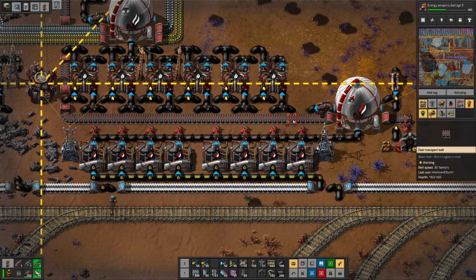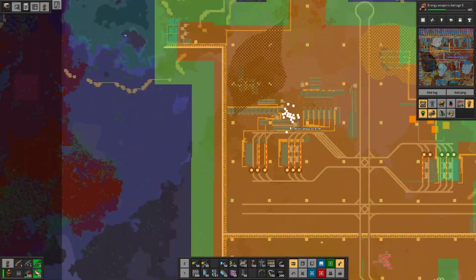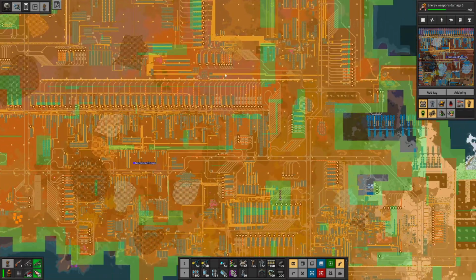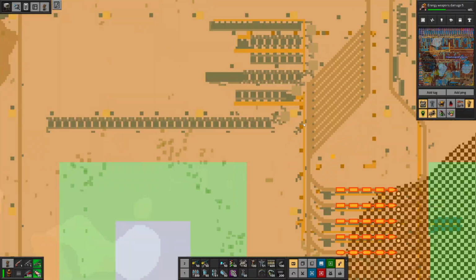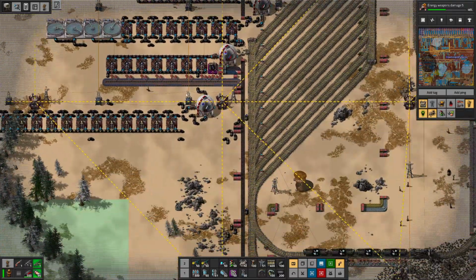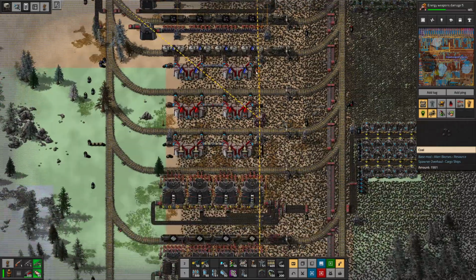Now the alternative is I just bring in liquid resin, because I have liquid resin, and we just ignore the whole solid resin process, because we have this whole process over here making tons of liquid resin.